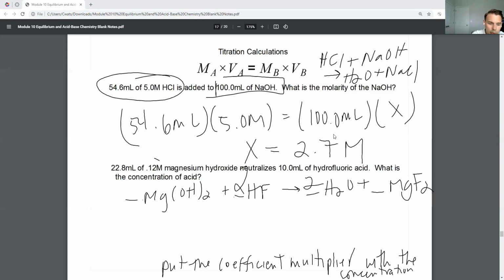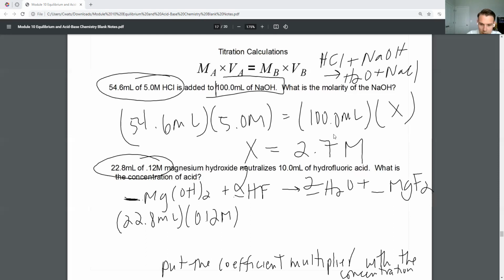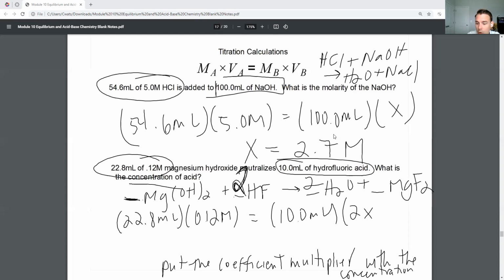So 22.8 milliliters of a 0.12 molar magnesium hydroxide. That's my 1, so I don't need to worry about it. I'm just going to do 22.8 milliliters, 0.12 molar. And then I have 10.0 milliliters of hydrofluoric acid, and I want to know what the concentration is. So I'm going to put 10.0 milliliters times 2x. I'm putting the coefficient multiplier with the concentration, which in this case happens to be x because I'm going to solve for it.